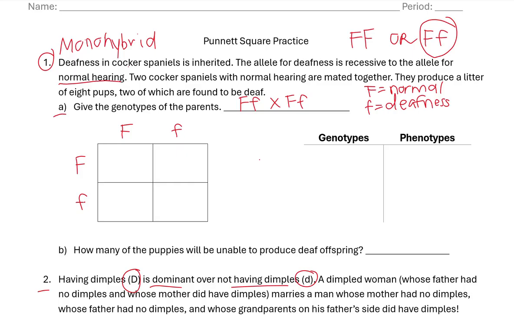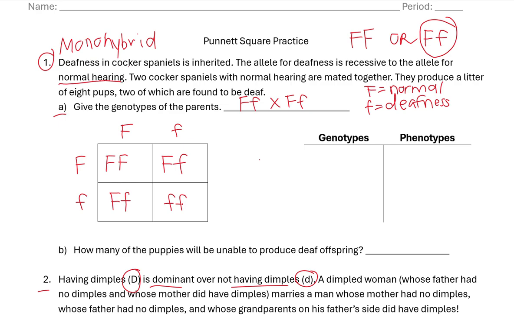Okay, and when I cross them, in this first quadrant, this first probability would be homozygous dominant. This next one would be heterozygous. This one would also be heterozygous. The last one would be homozygous recessive.